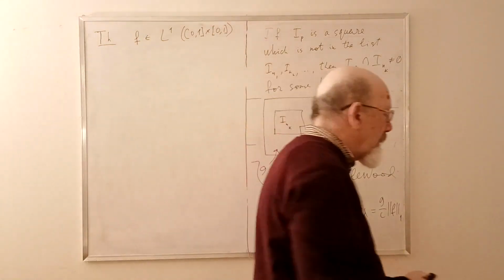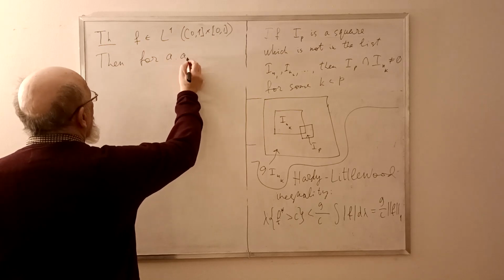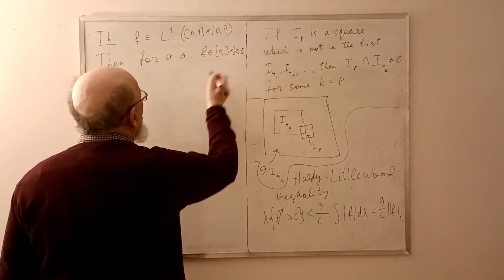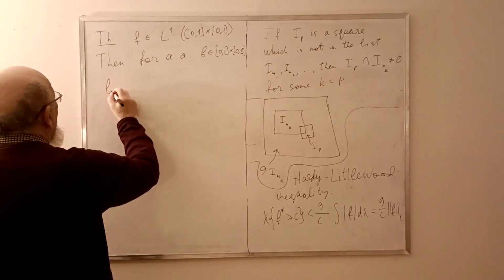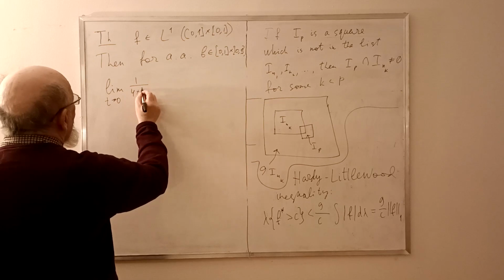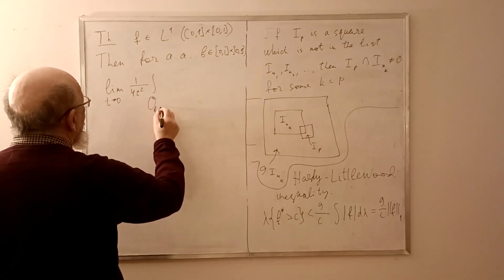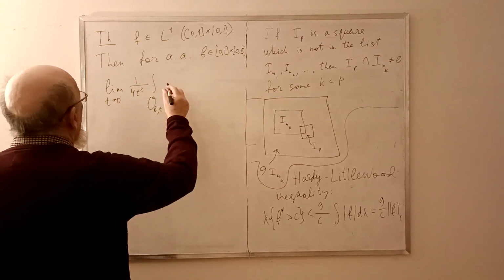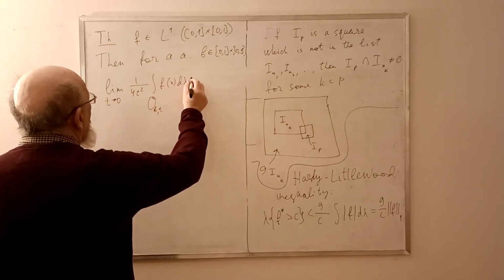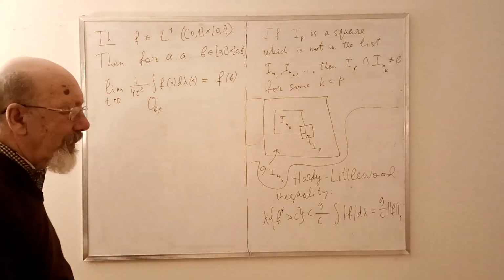So consider F in L1, and then for almost all b in 0,1 times 0,1 we have the following: the limit when t goes to 0 of 1 over 4t squared times the integral over the small square Q(b,t) of size 2t of F of x d lambda of x equals F of b.